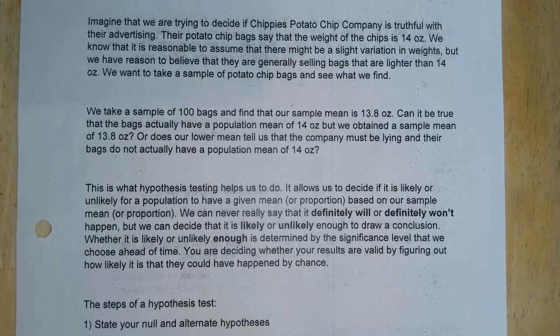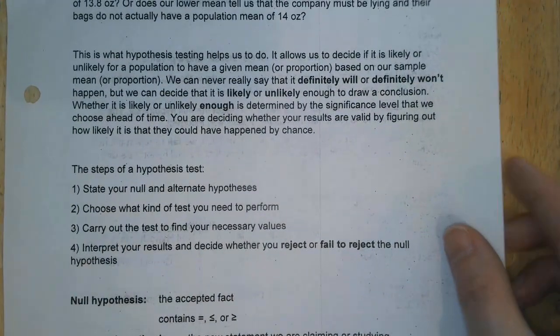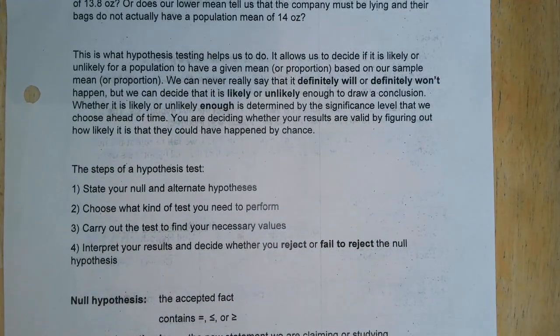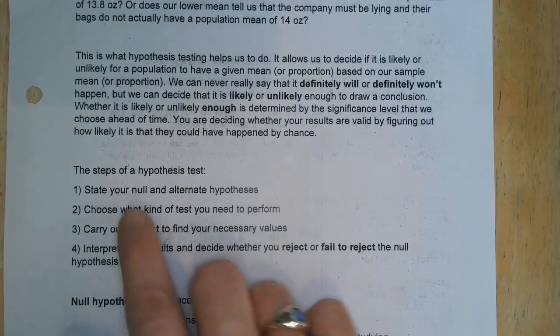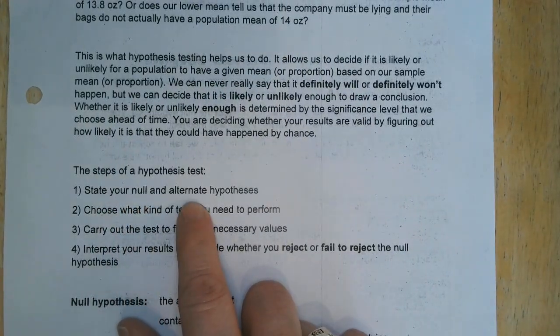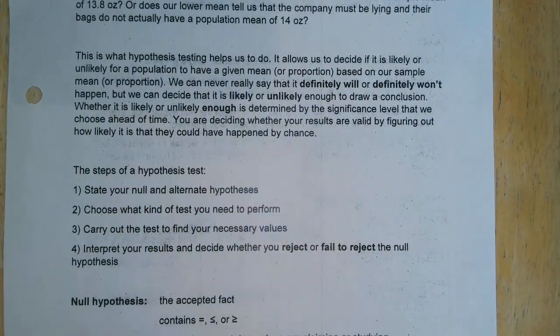You're deciding whether your results are valid by figuring out how likely it is that they could have happened by chance. All right, so overall, we have a few steps to a hypothesis test. We write what we call a null and an alternative hypothesis.